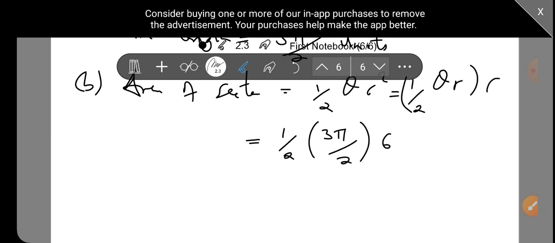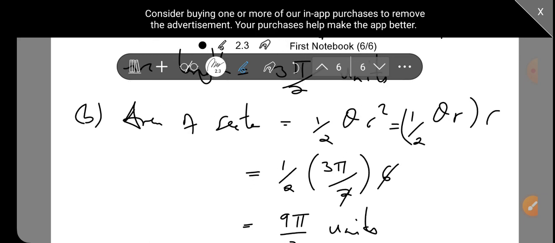Here we're going to get, 2 into 6 is 3, 3 times 3 is 9. That's 9 over 2. So we're going to get 9 pi by 2 units.